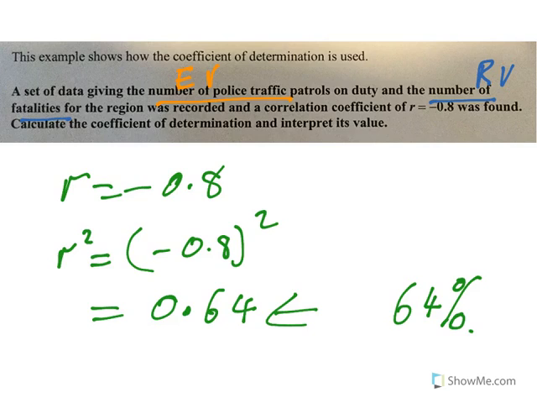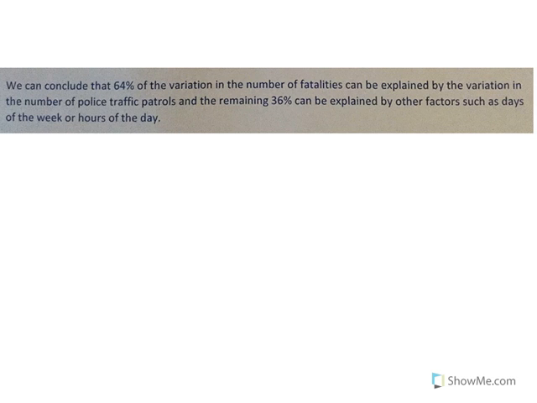How do you write that? This is how you write it. Alright, we can conclude that 64% of the variation in the number of fatalities can be explained, important, can be explained by the variation in the number of traffic patrols, and the remaining 36% by other factors.